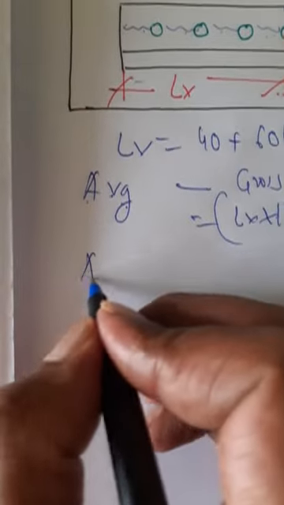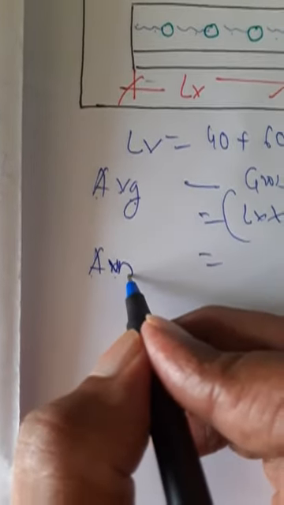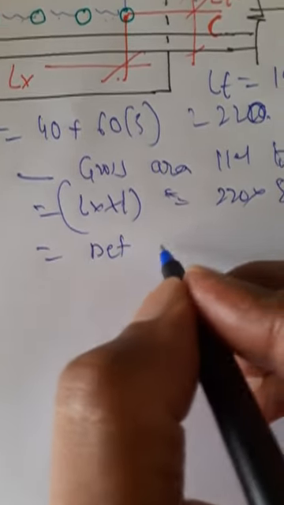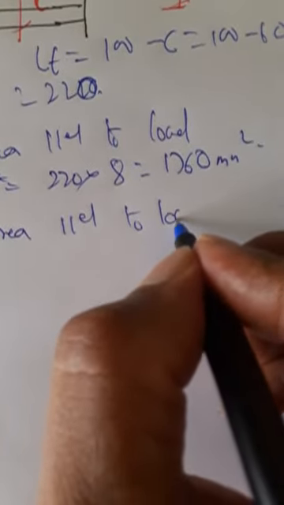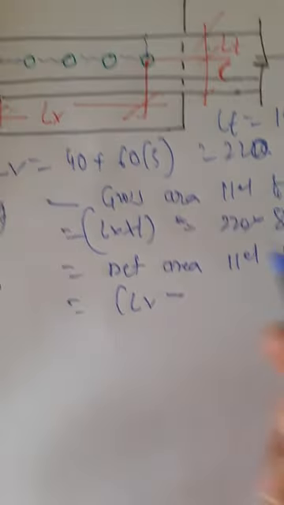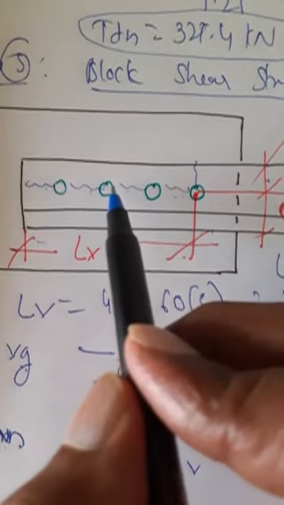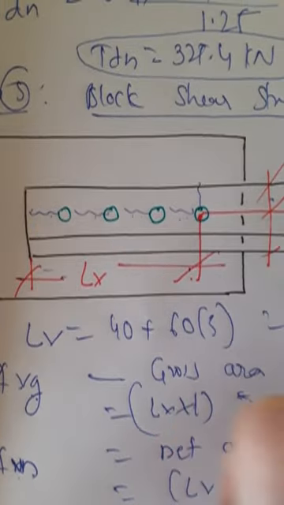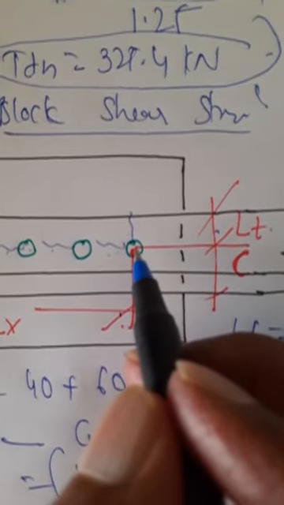Next AVN. A stands for area, V stands for shear, N stands for net area. So net area parallel to load is equal to LV minus, remember when we are calculating net area we have to subtract the bolt hole dia. Now from LV parallel to load I have to subtract 1, 2, 3 bolt holes, also half of this bolt hole.